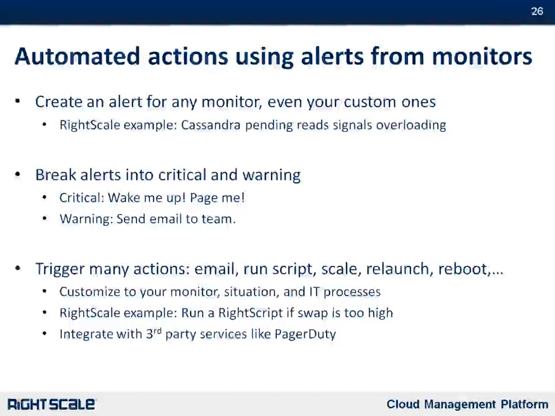Or maybe you want to scale a server array so you can add more servers to your service, or, if a server goes wrong, you can relaunch a new server, or you can reboot it if you want. I think Joseph mentioned that we really encourage not making changes to a server itself, but relaunching a new one. So we give you the tools to do that.